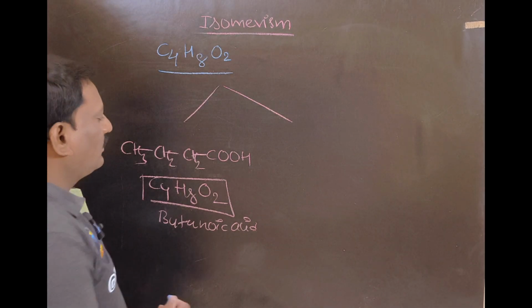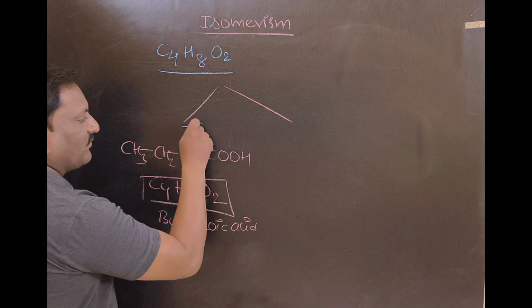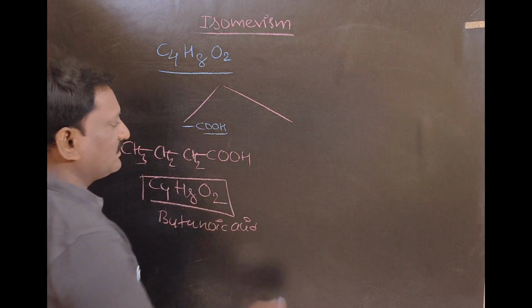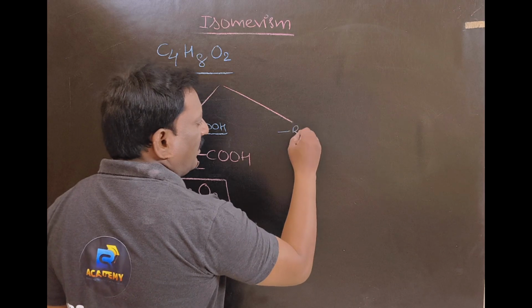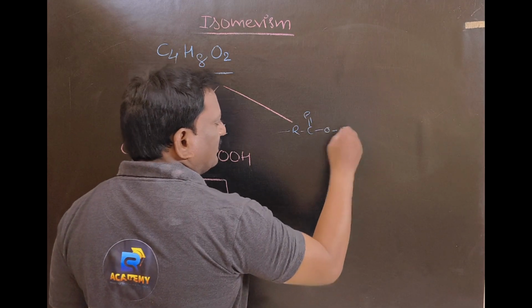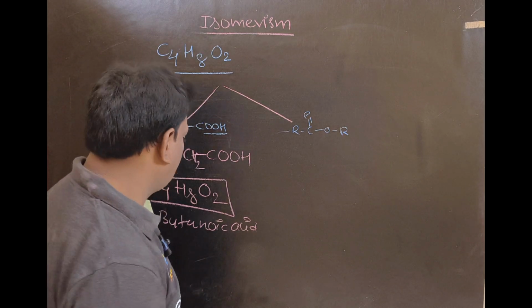Right. Now let us write the ester. Listen carefully. Acids consist of the functional group COOH. Esters are COOR. This is the general formula for the functional group of esters.